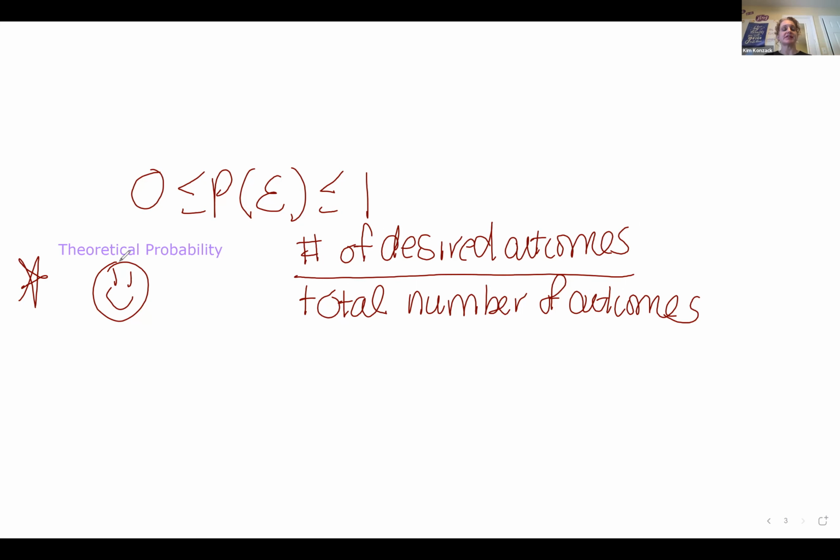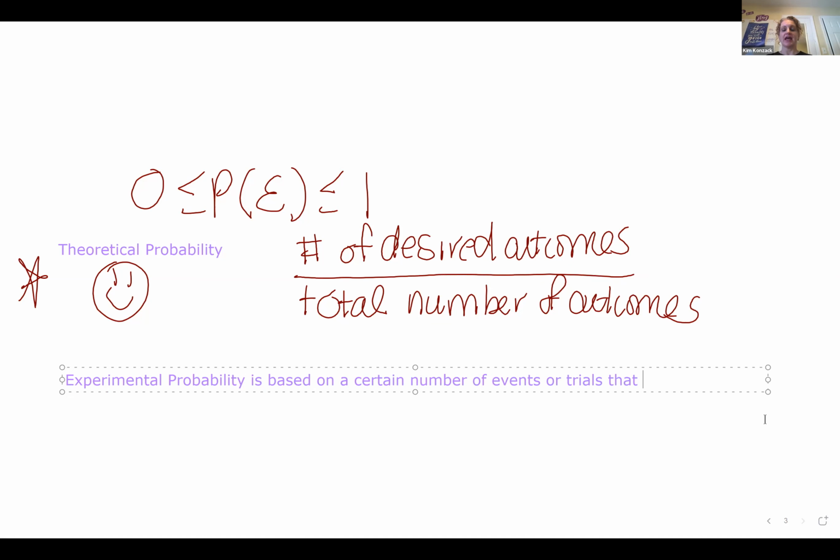Okay, now there's experimental. If we do an experiment, the experimental probability is based on a certain number of events that have been conducted in an experiment.